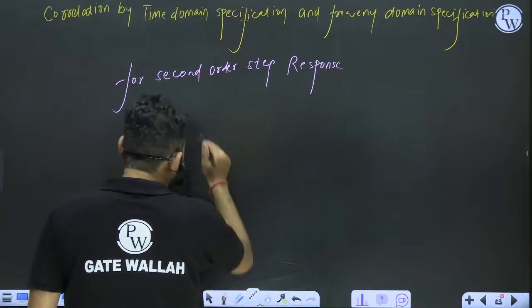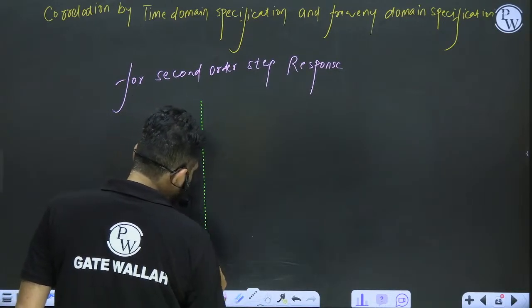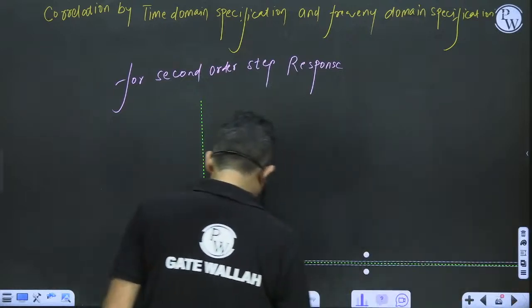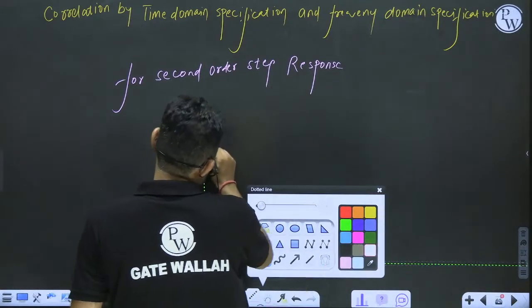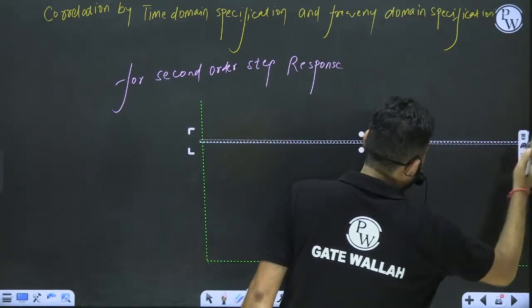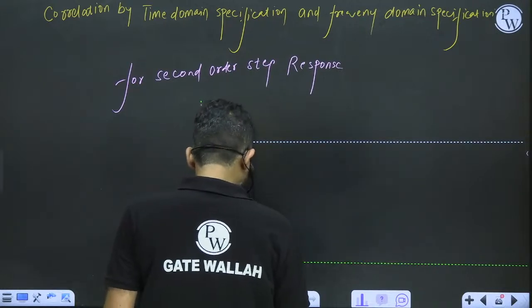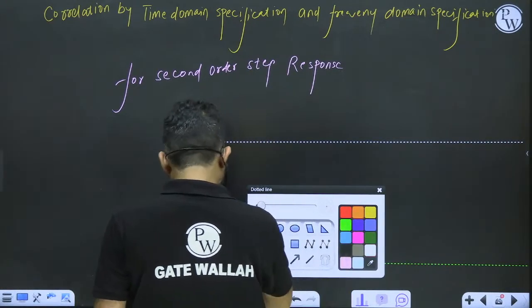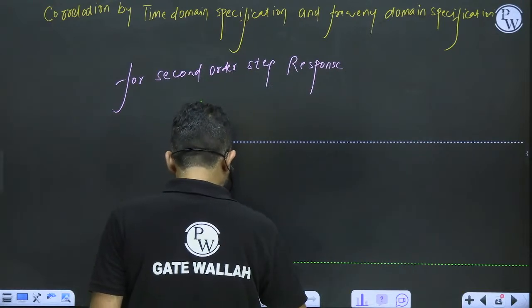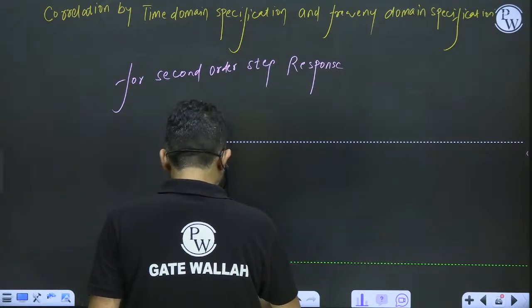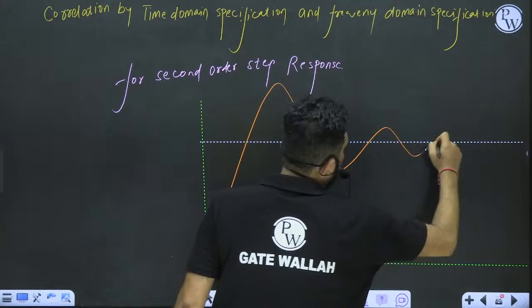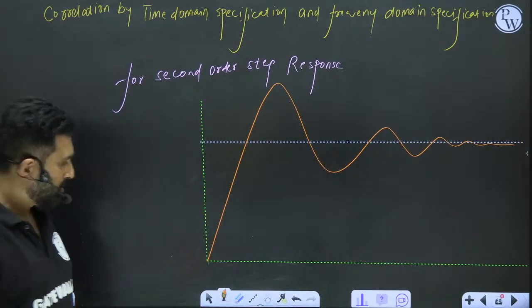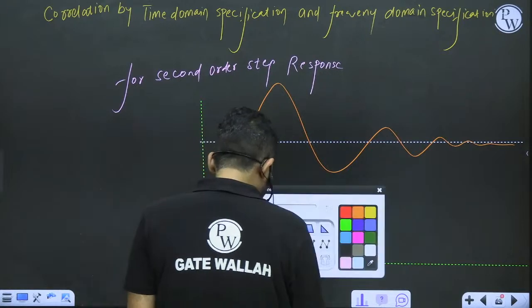We make the plot like this, if you remember. And I say that my plot is this, and that was an overshoot.